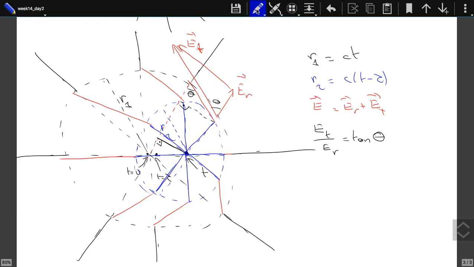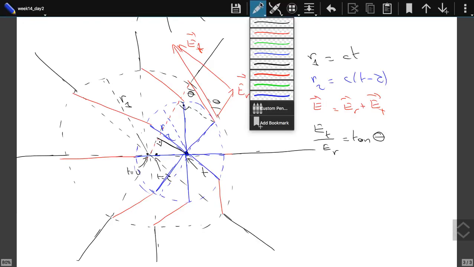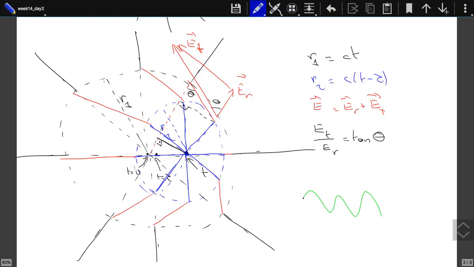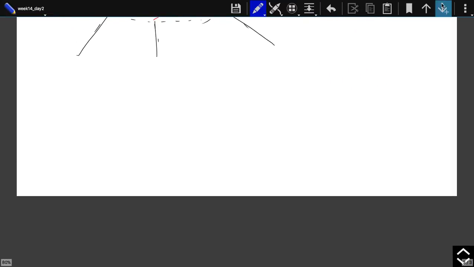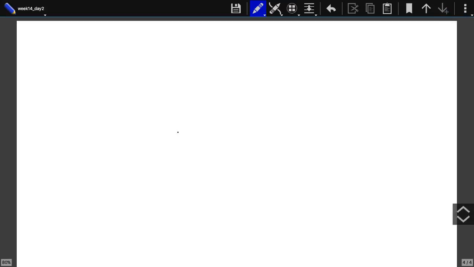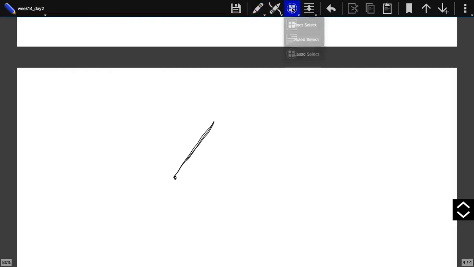Another color. Which color do you like? Yellow. No, you won't like it. Well, let me draw it again. So this is basically what we have. This is the position of my charge. So there is an electric field line that starts from my charge and moves in that direction.